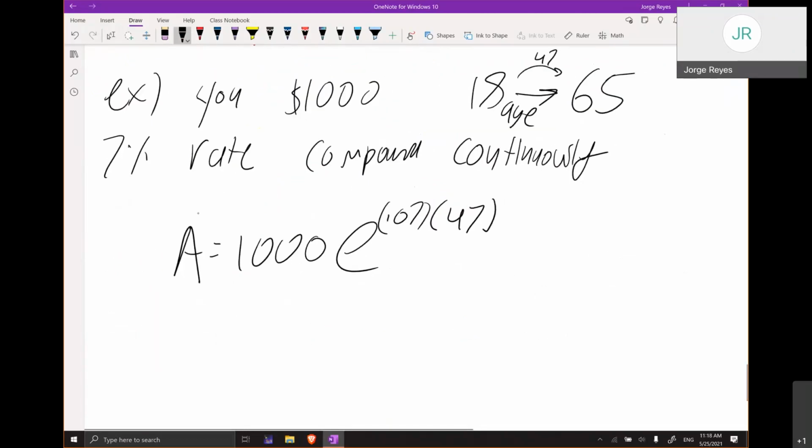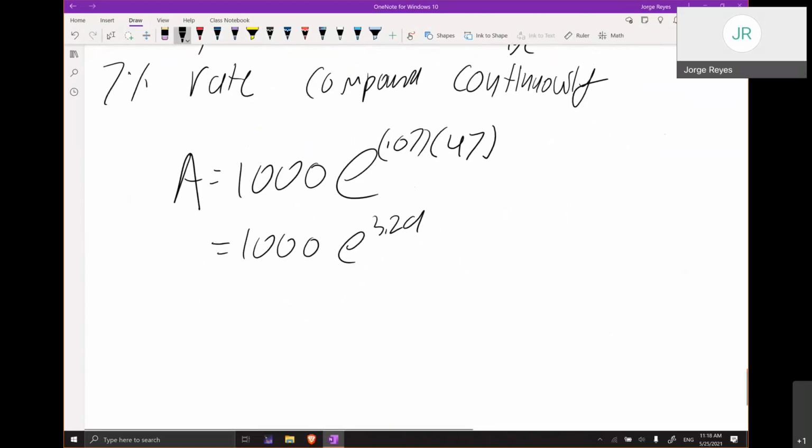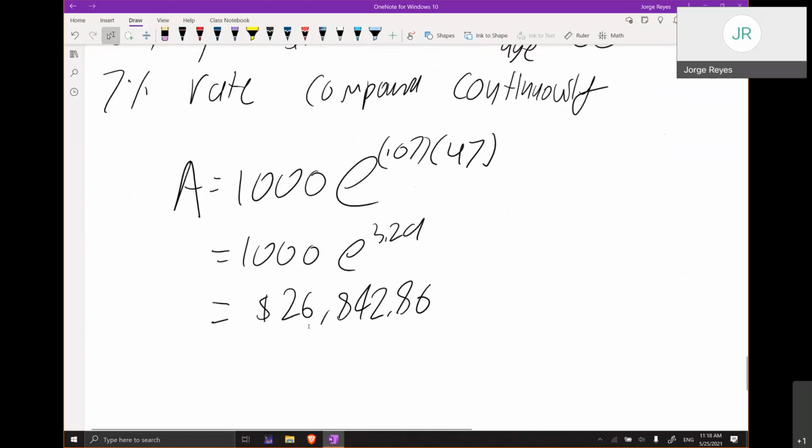Well, this one, you actually just need a calculator. So like, not only is it not recommended, now you just need it. Okay. And you're going to get $26,842.86. So after you plug this in, now if we compare, right, this is 26,850-ish.